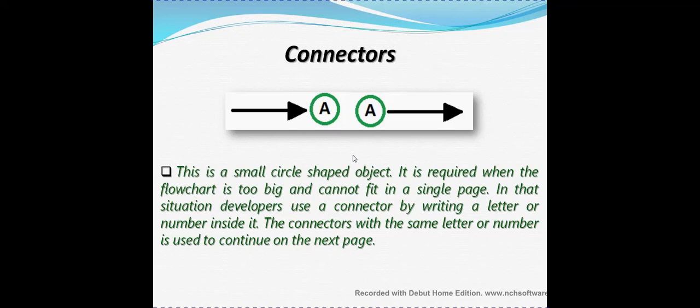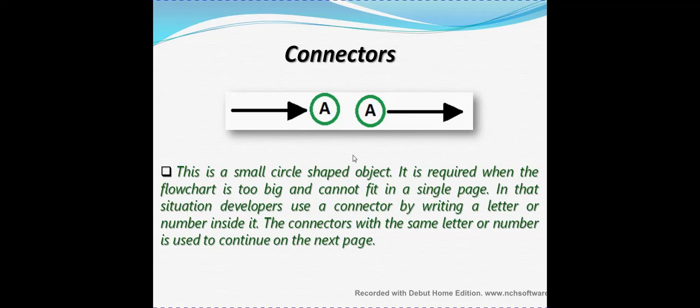In simple language, you have a normal copy size page and you are writing a very big algorithm. You have written a big algorithm. Now we need to draw a flowchart on that. Now the flowchart would also be big, but the problem is that you have written half of the flowchart in one page and another half in another page.